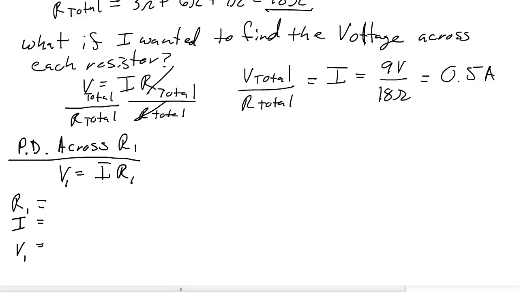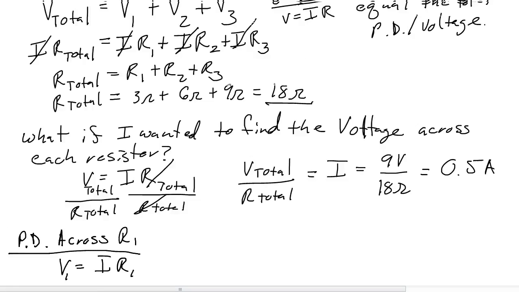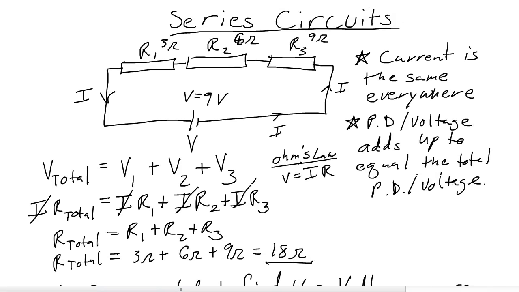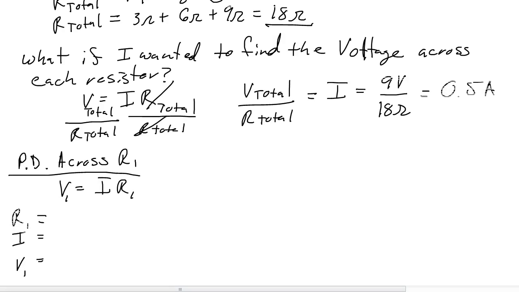Okay, so R1, if we look up at our diagram, we see that R1 was 3 ohms. So R1 is 3 ohms. Our current we found earlier is 0.5 amperes. And we're trying to find this potential difference. And so I'm going to use Ohm's law.